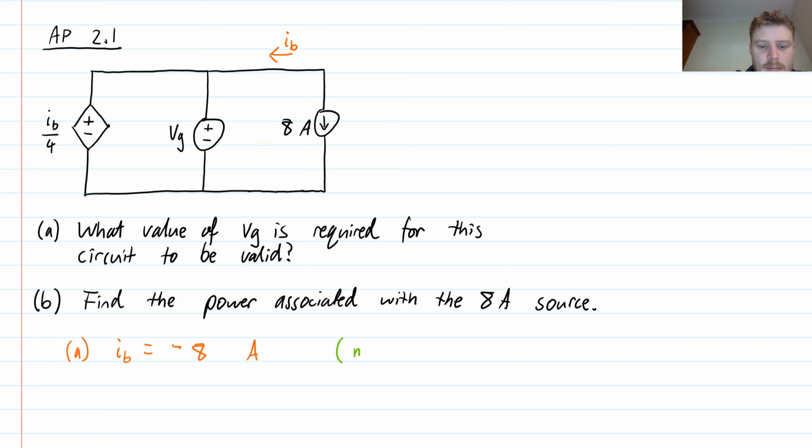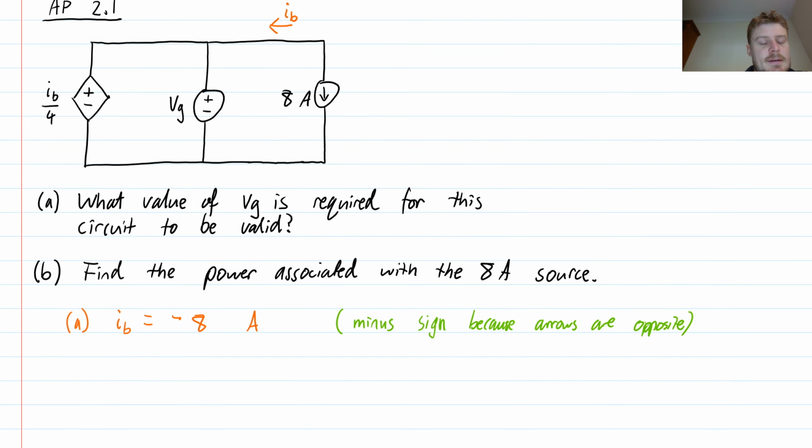So minus sign because arrows are opposite. Right? So now I know what the value of IB is. I can now consider what will be the voltage on that dependent source on the left-hand side.